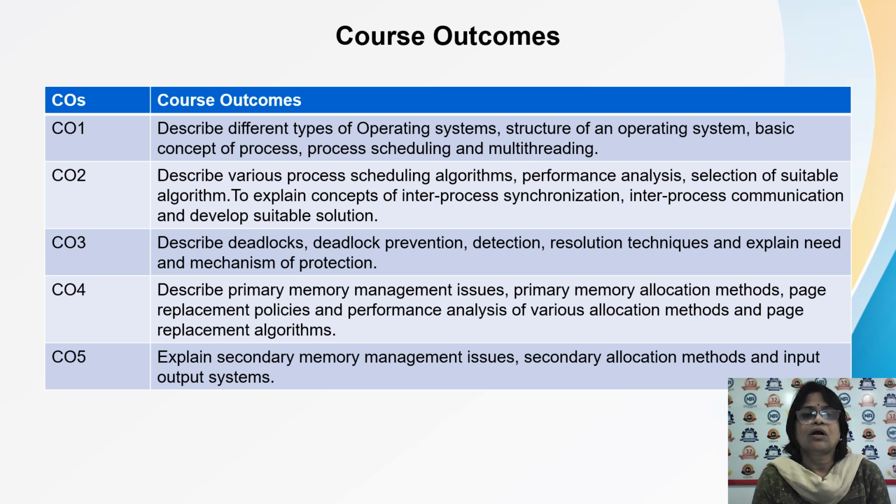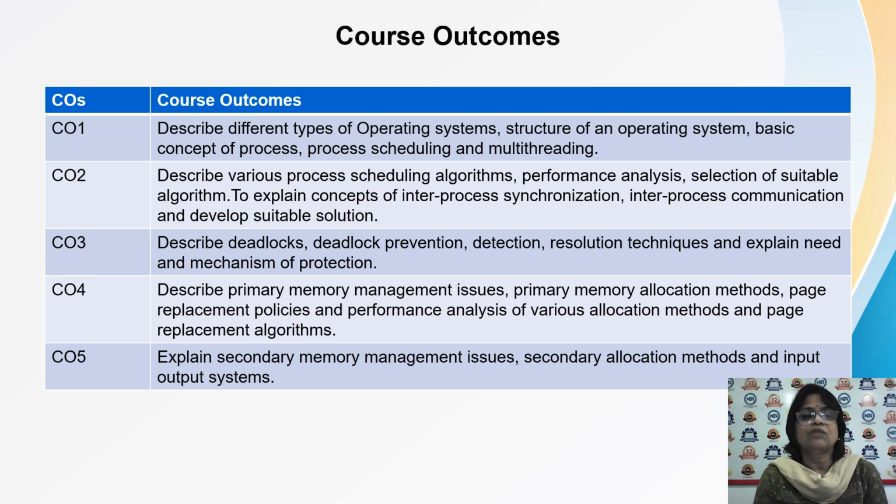After studying Unit 4, the students will be able to describe the primary memory management issues, that is, the main memory management issues, the different allocation methods, and the different page replacement policies and algorithms.